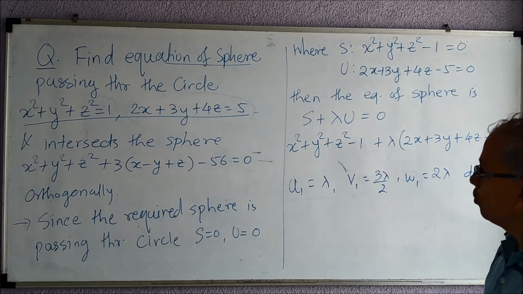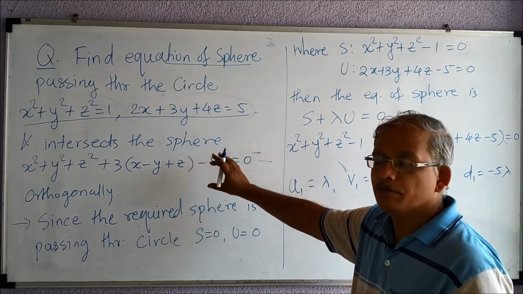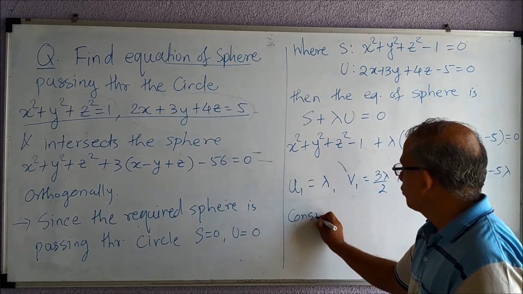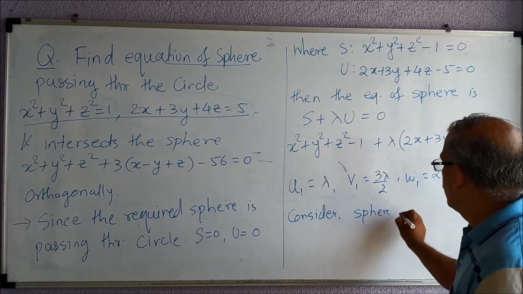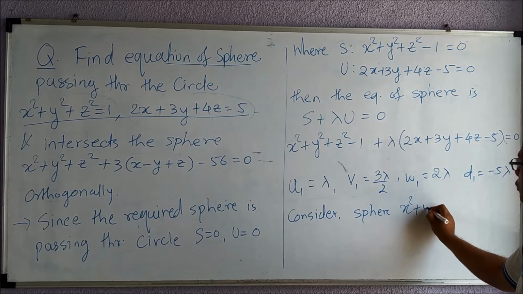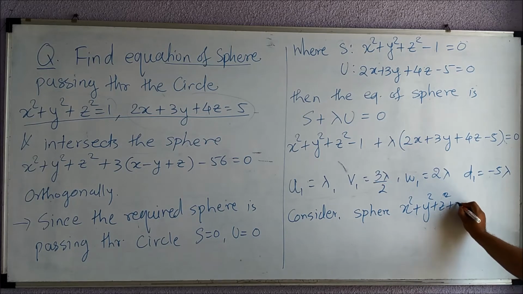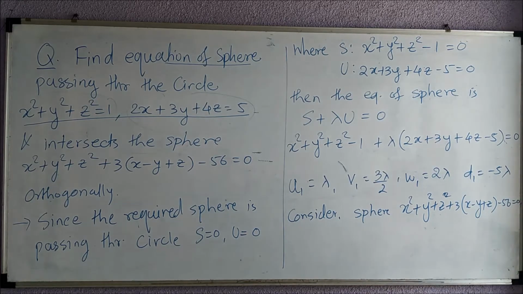Now this is a given sphere. It's given in the problem. So consider the sphere x square plus y square plus z square plus 3 into bracket x minus y plus z minus 56 equal to 0.